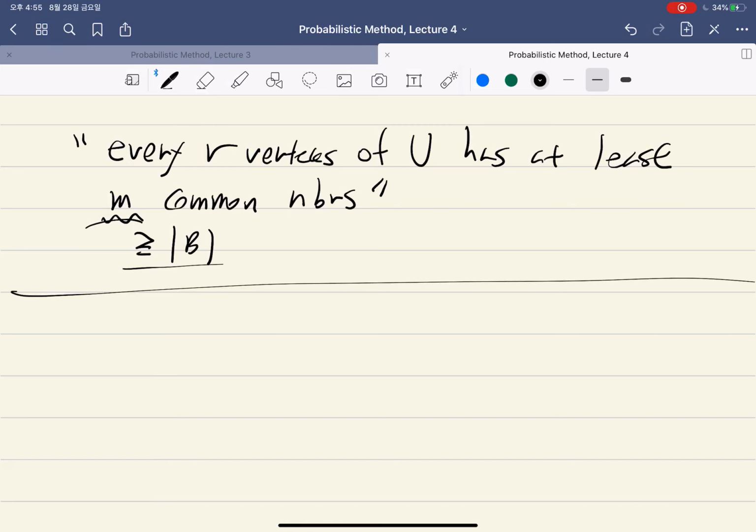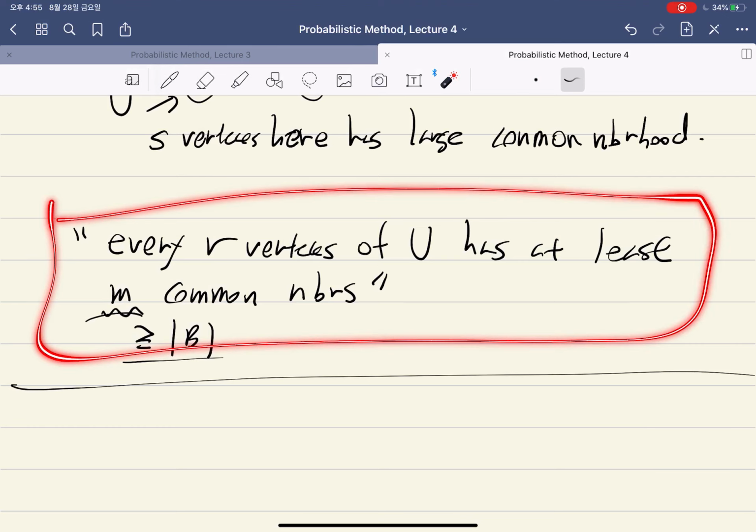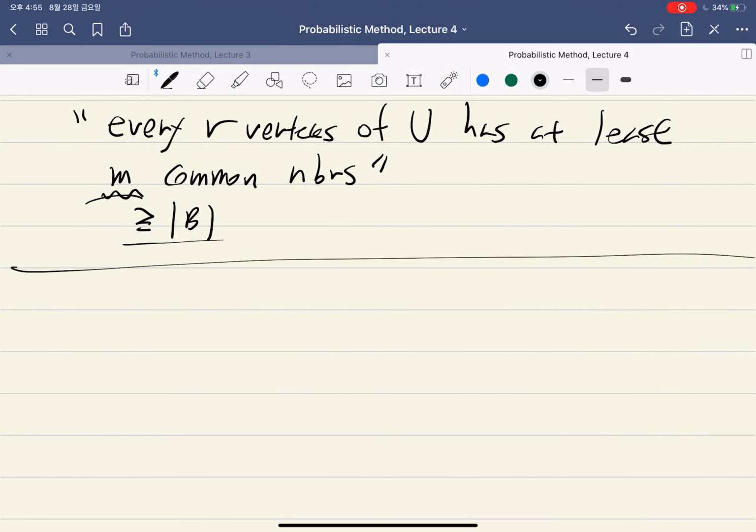And then this can actually be ensured by using the alteration method, proving this lemma.